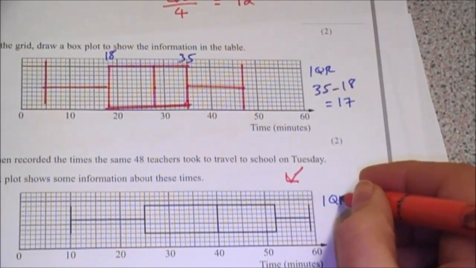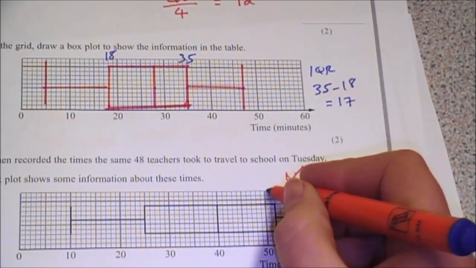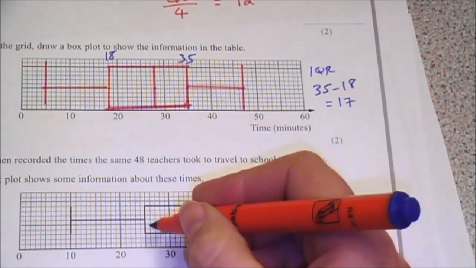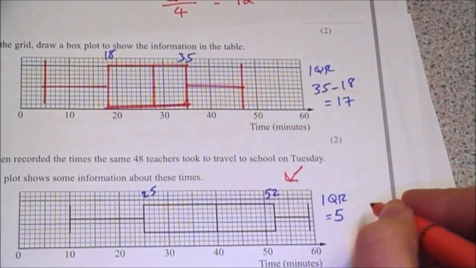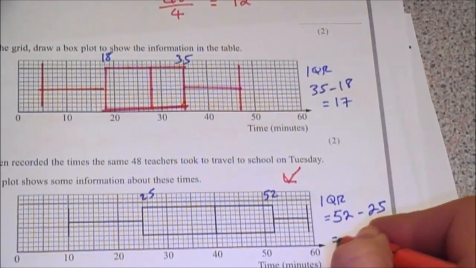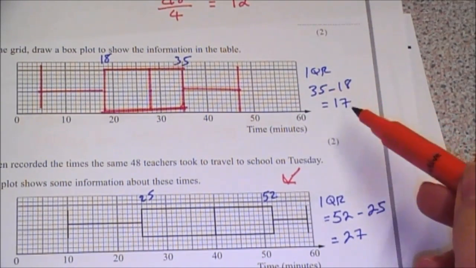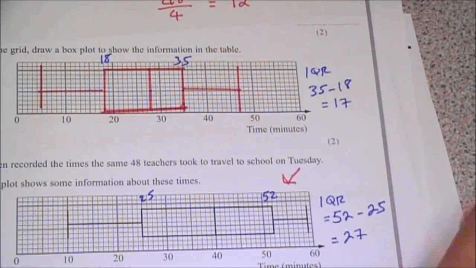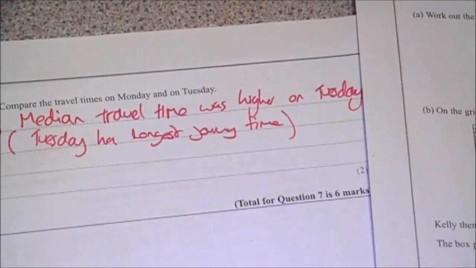And I'll then find my interquartile range for Tuesday. So my upper quartile, I can read from this, is 52. My lower quartile, I can read is 25. So the interquartile range is 52 take away 25, and that equals 27. So you can see quite a big difference in the interquartile range. So on average, Tuesdays were more spread out.